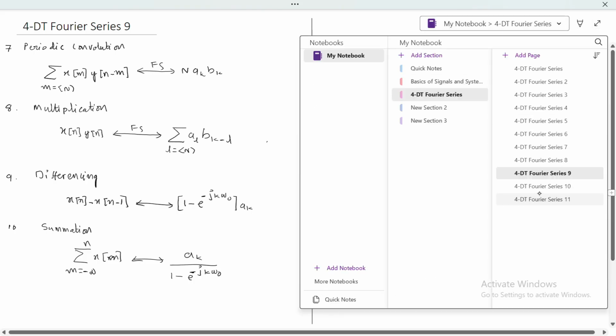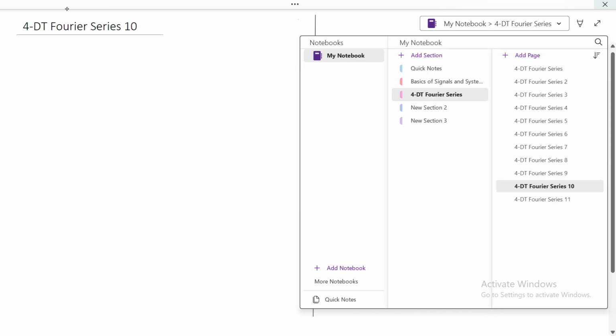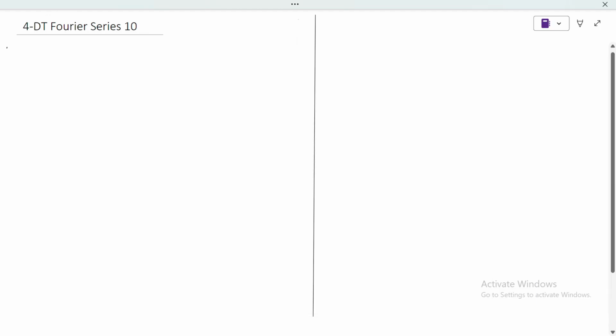The last one, Parseval's relation. You know this relation; it tells about the relation between the power of the time domain signal and the power of the frequency domain signal. The power of x of n is sigma 1 by N within the time period.